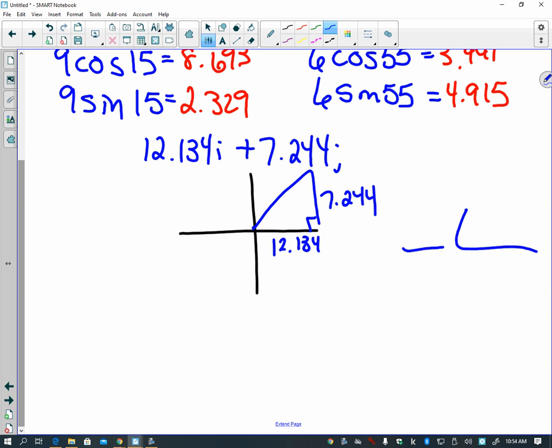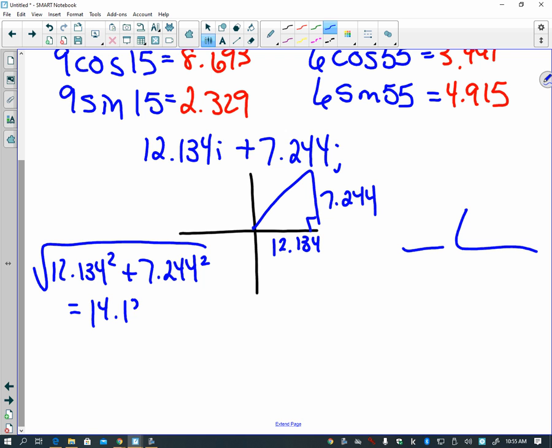We find the hypotenuse by using the Pythagorean theorem, which gives us the distance formula, x squared plus y squared. So 12.134 squared plus 7.244 squared. We should get a hypotenuse of 14.132. I bring that hypotenuse over here, 14.132.